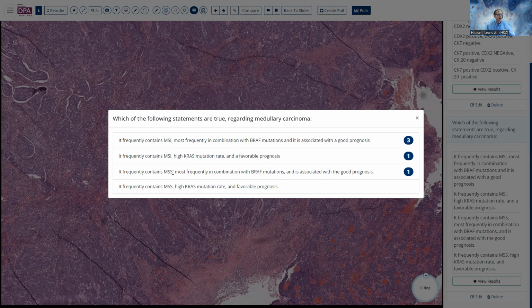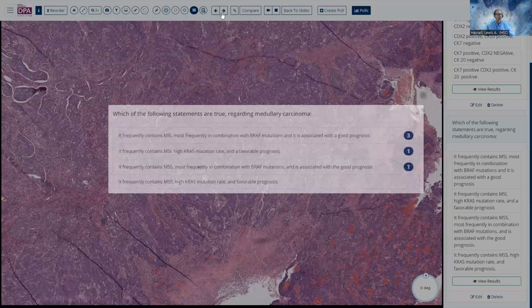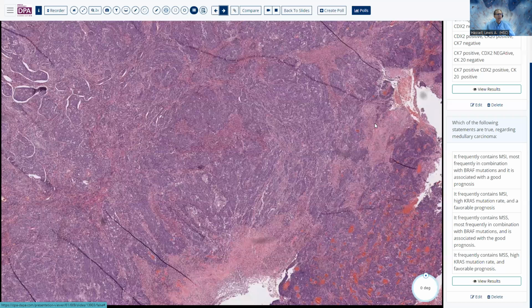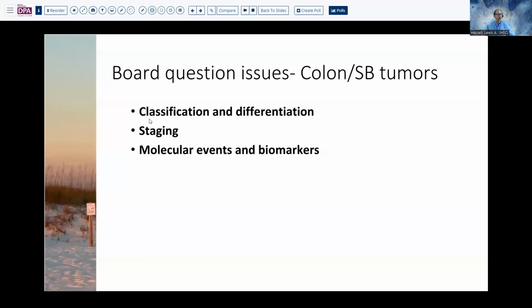Not microsatellite stable, it's microsatellite unstable. So there we go. Okay, so other things to know about colon tumors and small bowel tumors. Of course, classification, differentiation, one from another. Medullary being one of the most important subtypes, but there are other subtypes as well. Staging issues, of course, everyone should be familiar with those.